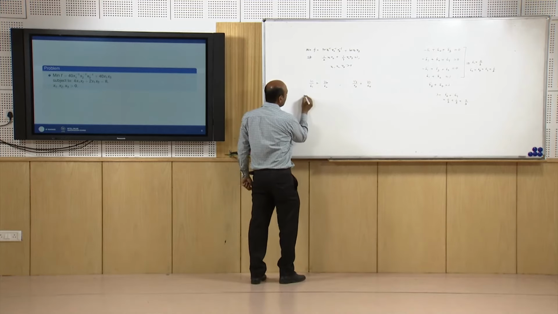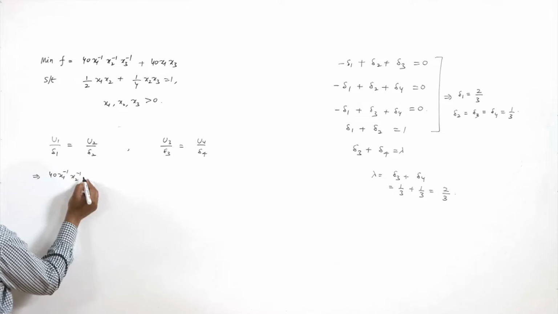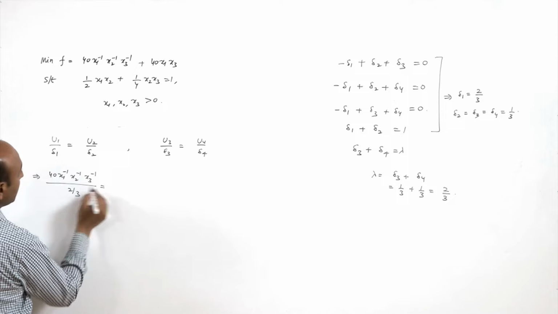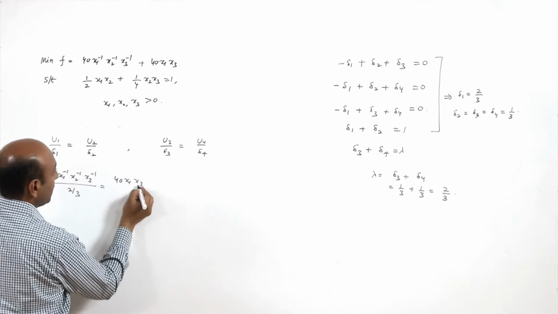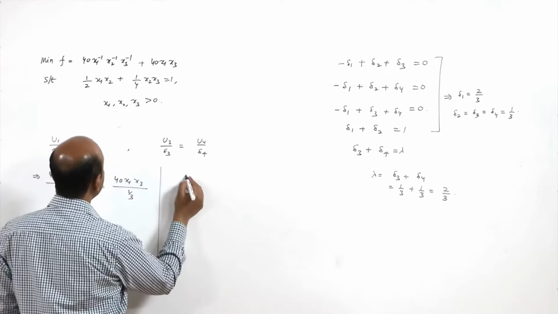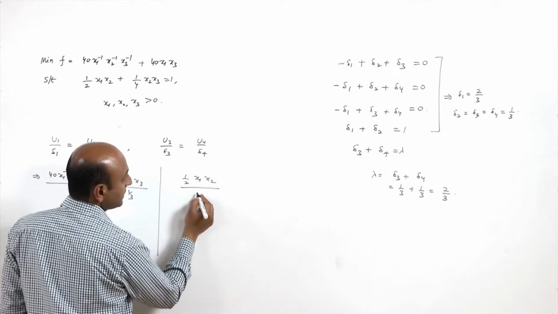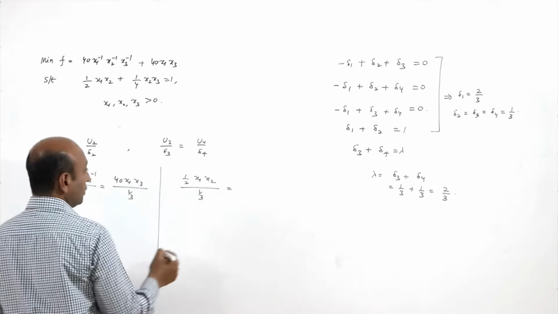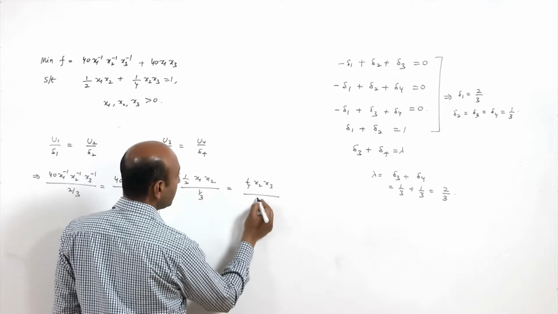Now, from here we obtain u1, which is 40 x1 raised to power minus 1, x2 raised to power minus 1, x3 raised to power minus 1 upon delta 1 is 2 by 3, equal to u2, which is 40 x1 x3 upon delta 2, which is 1 by 3. And u3, which is 1 by 2 x1 x2 upon delta 3 is 1 by 3, is equal to 1 by 4 x2 x3 upon delta 4 is 1 by 3.